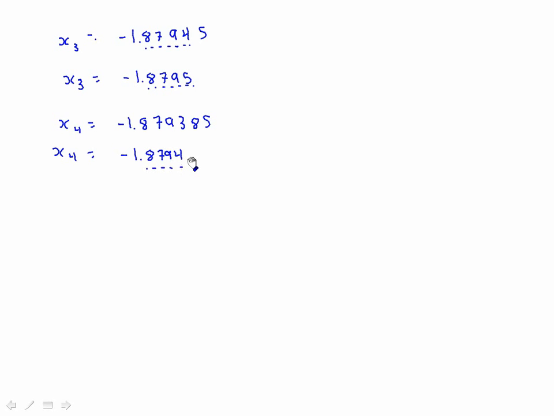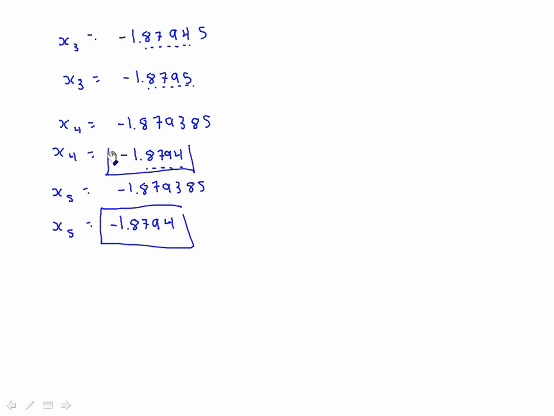Store that one into your memory, go back, second entry twice, and for your x5, you'll get negative 1.879385 and some change. So x5 is equal to negative 1.8794, and that's the way we want it. So therefore, the approximation would be x is equal to negative 1.8794.